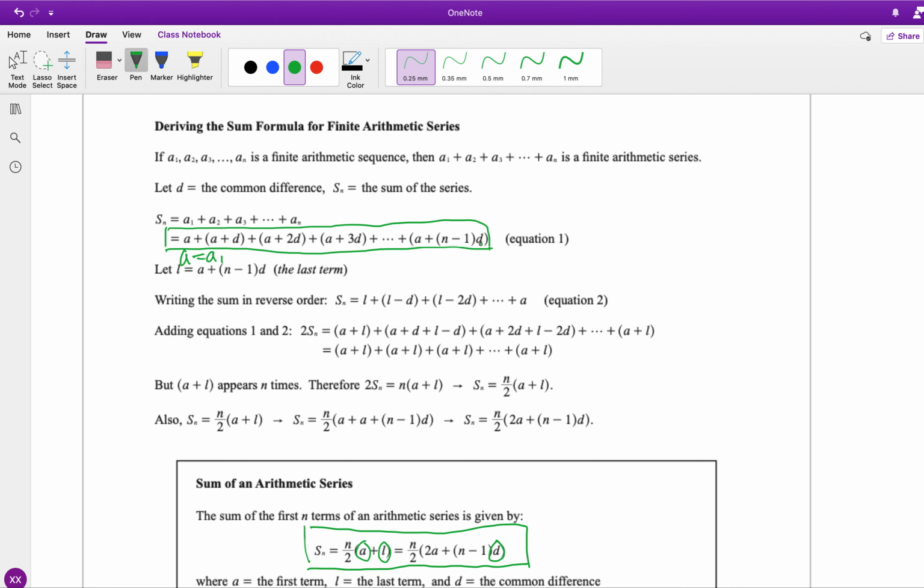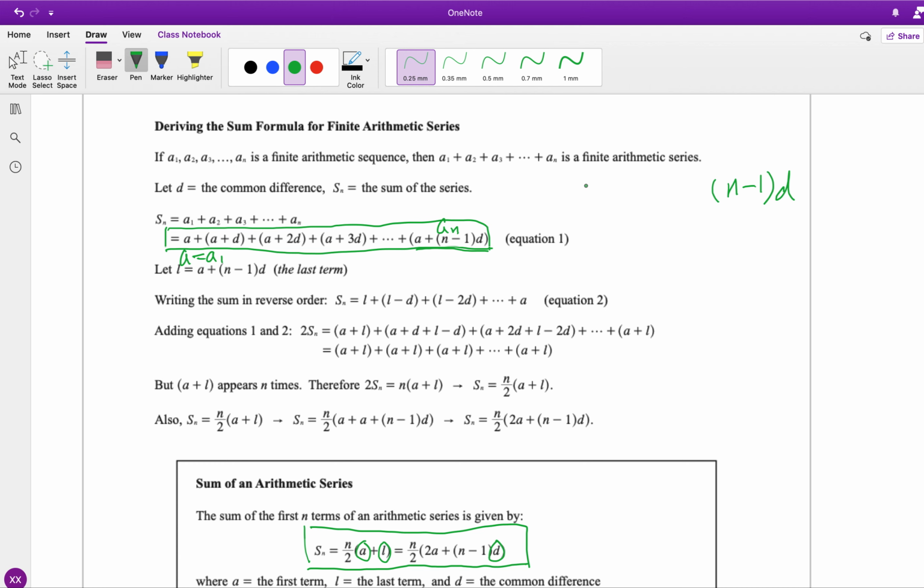How many d's are here? If this is the an term, you see this is the last term. So the first one did not have the d. How many d here? The last one is the n minus 1 d, and we have 1d, 2d, 3d.